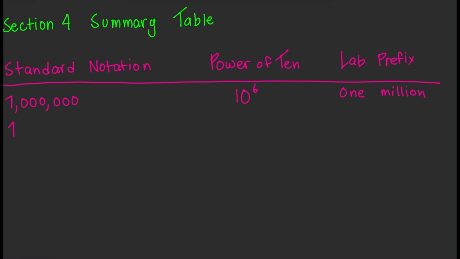If we have 1,000, that's 10 to the 3, and the lab prefix is kilo, or 1,000. If we have 1, that's just 10 to the 0, and that's our base unit, or 1.